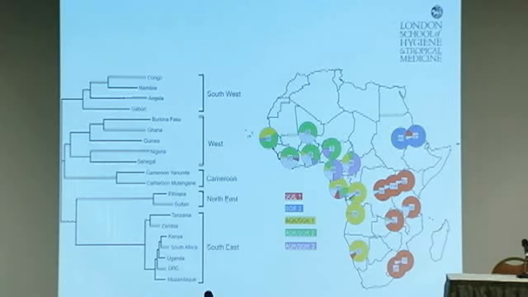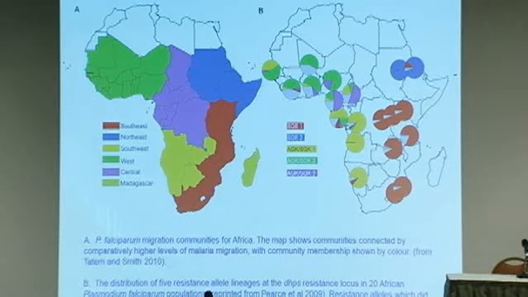I haven't got a pointer, but that whole red region in Southeast Africa, it's the same alleles which are moving around that area. So we're very interested in following this up. We're looking at other markers. We're looking at patterns of migration, trying to relate that to the extent of allele sharing in these larger geographic regions of Africa.